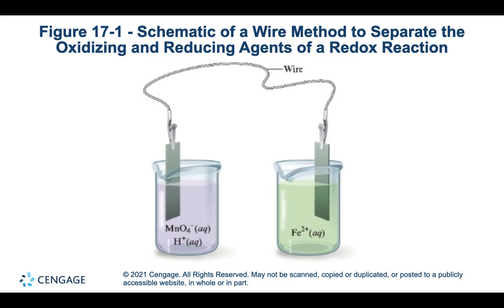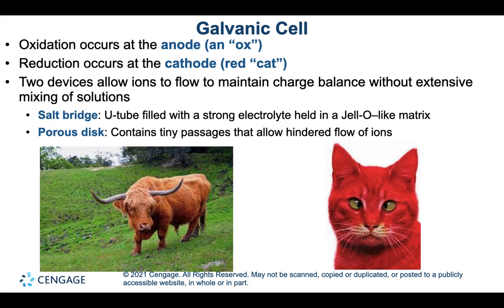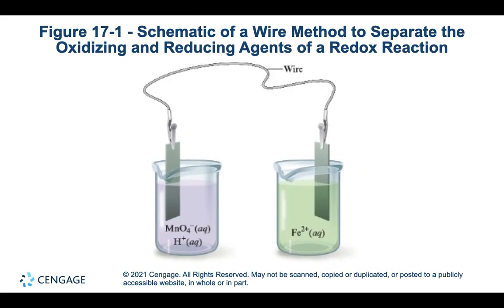That metal electrode hanging in the solution would be called the anode. And reduction always occurs at a cathode. And so the cathode would be the purple side. So the electrode on the purple side would be called the cathode. Those are two different names for two different kinds of electrodes. So an electrode where you see oxidation occurring is called an anode, and an electrode where you see reduction occurring is called a cathode.